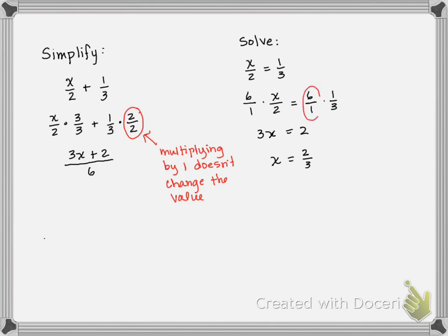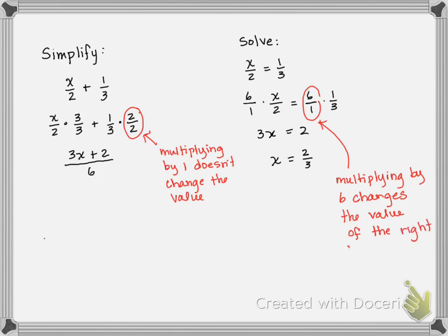Here, multiplying by 6 changes the value of the right side. If only the right side existed, that would not be okay.